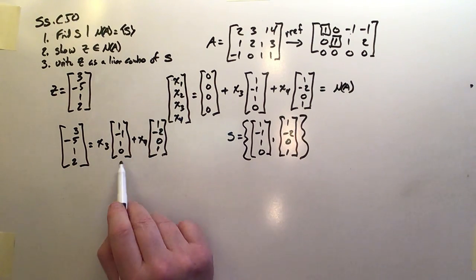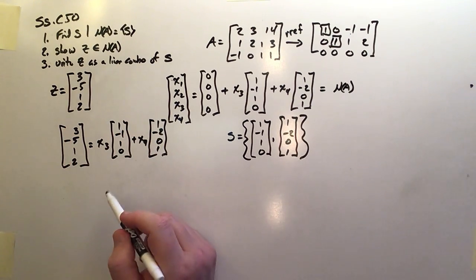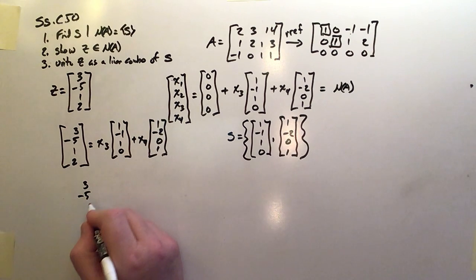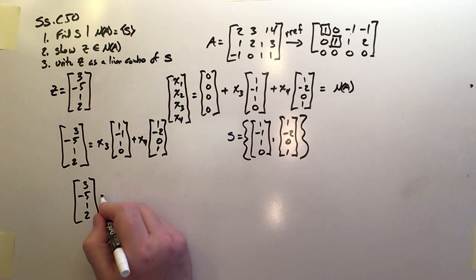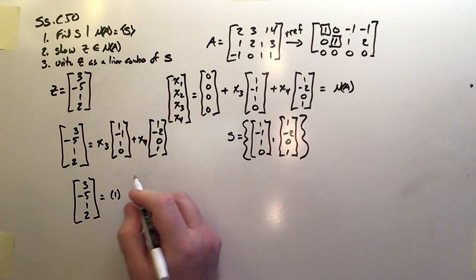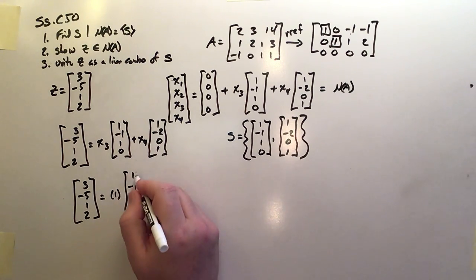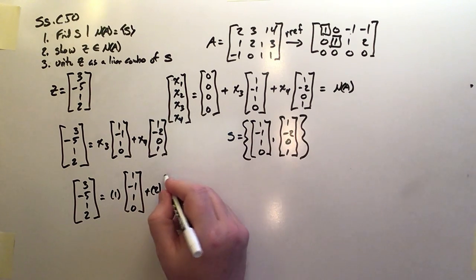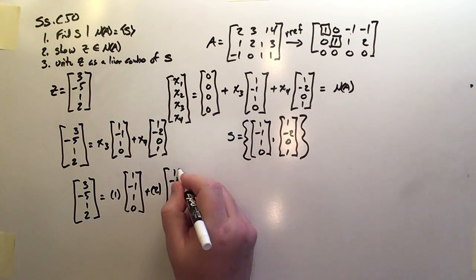So there it is. All I have to do now to produce the specific linear combo is just write them in. So it would be 3, negative 5, 1, 2, and that is equal to x3, which is 1, times 1, negative 1, 1, 0, plus, and that has to be 2, times 1, negative 2, 0, 1.